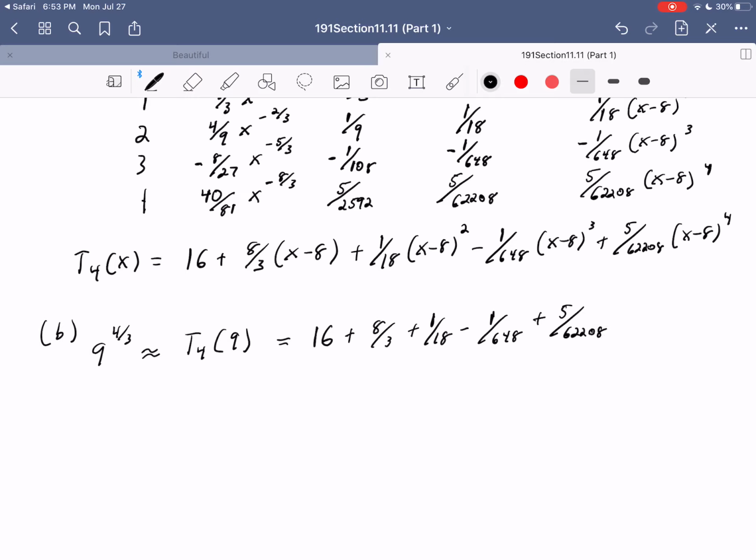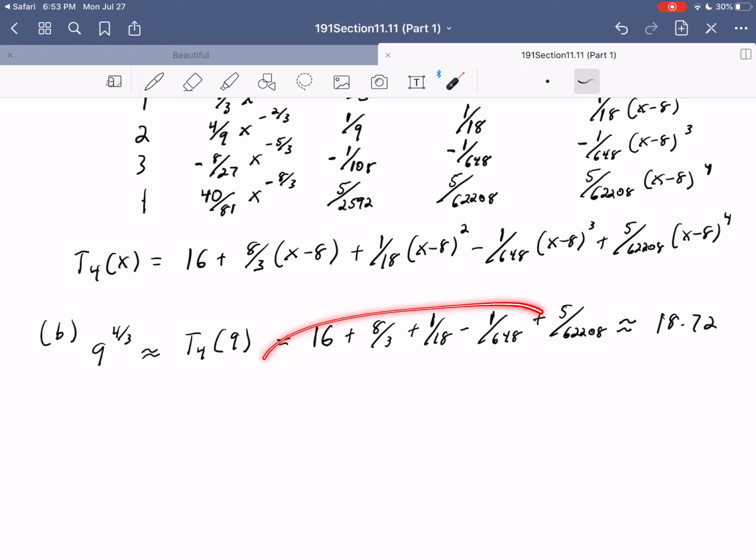If we do that, 16 plus 8/3 plus 1 divided by 18 minus 1 divided by 648 plus 5 divided by 62,208, it looks like that comes out as about 18.72. So there we go.